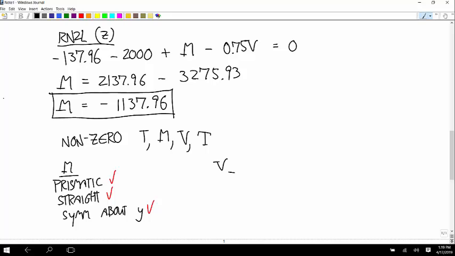Shear force, what are the requirements there? Yep, either rectangular or circular at the neutral axis. This one is rectangular, so that works.